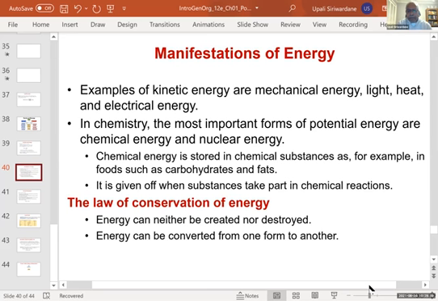Part of it is released as heat, but together the mechanical energy and the heat energy are equal to the energy produced by burning coal. Energy is neither created nor destroyed, but it can convert from one form to another.